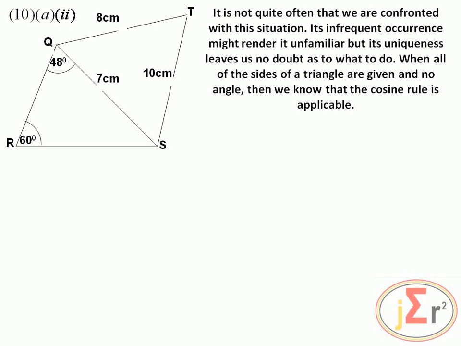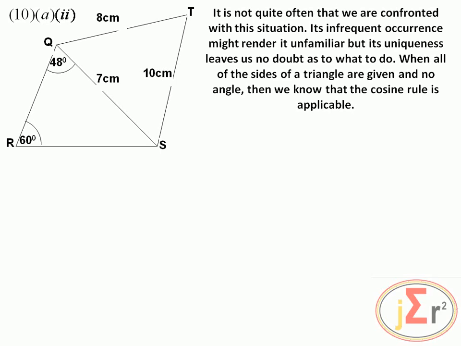So when it pertains to obtuse and acute angles, in finding an angle, it is more appropriate for us to use the cosine rule. But it is not often that the situation is a must, which is the case in this particular situation.